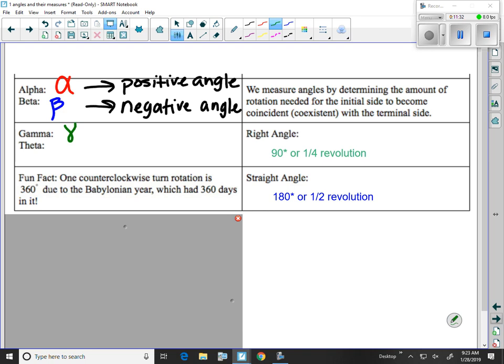Looks like that. That's gamma. Okay, gamma is how we label an angle that's a full revolution plus some. So it's bigger than 360 degrees. Okay, so I put full revolution plus because that tells me it's going to be greater than 360 degrees.